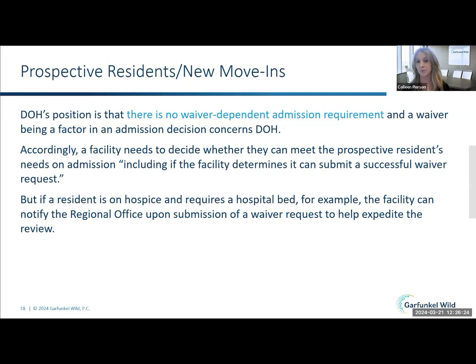However, they're saying it's something that you can do. So I would keep in mind that that's an option out there for these waiver requests in urgent situations. But it should never be a fallback. You still want to make sure that when you're potentially admitting someone to the facility, whether or not you get the waiver, can you take care of them? Can you meet their needs?